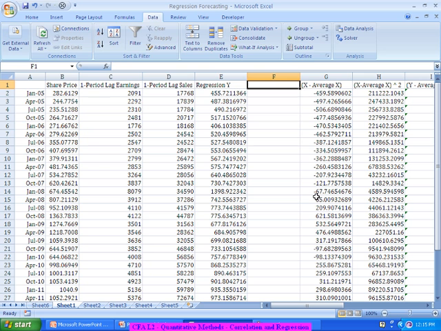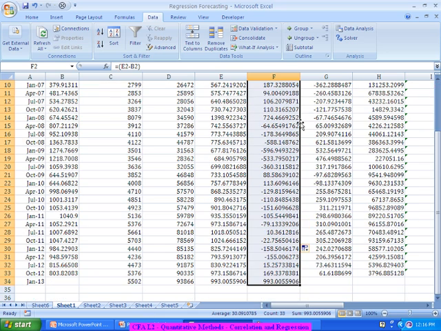The residual is the regression y minus the actual y, so these are my residual data.